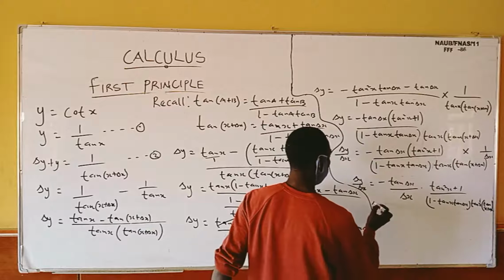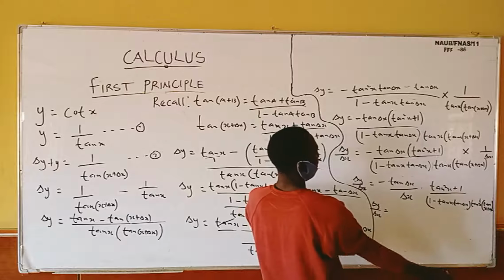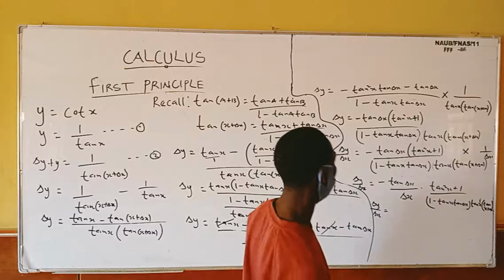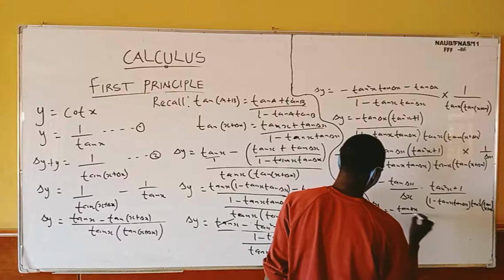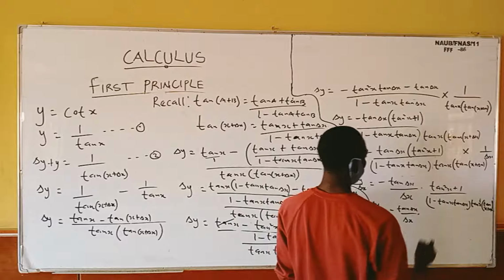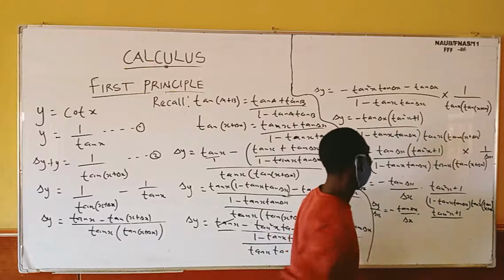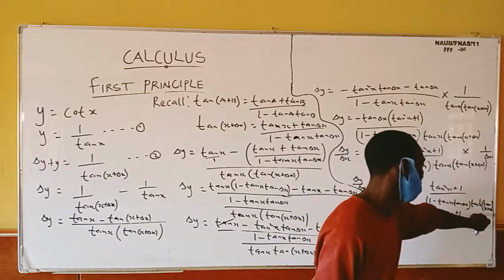So now change in y all over change in s will be equal to, no, sorry, don't take the limit yet, minus tan change in s over change in s multiplied by tan square s plus 1 all over, let me multiply this by 1, because I did not write it well.